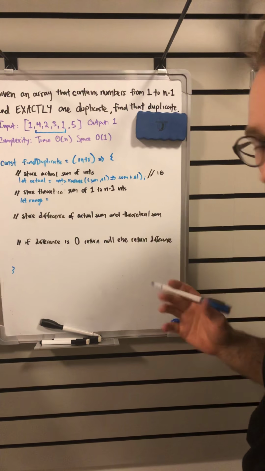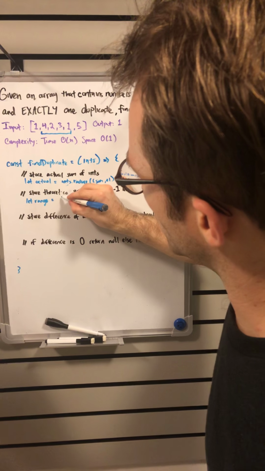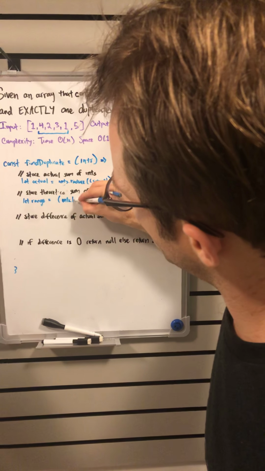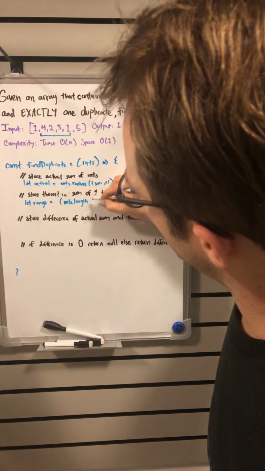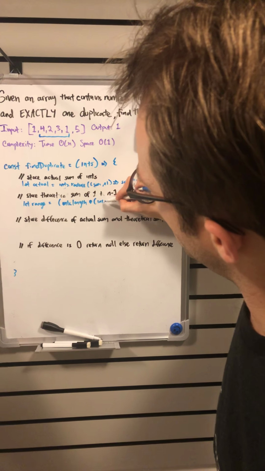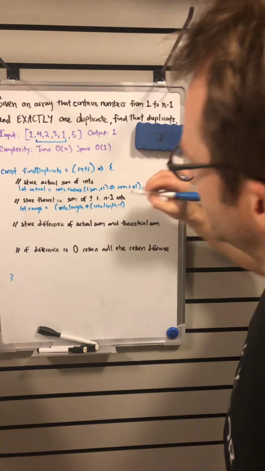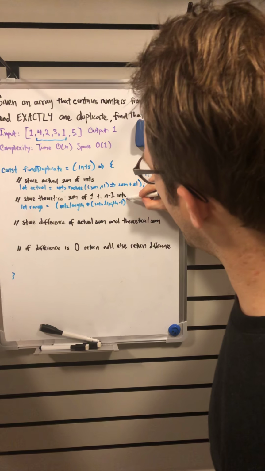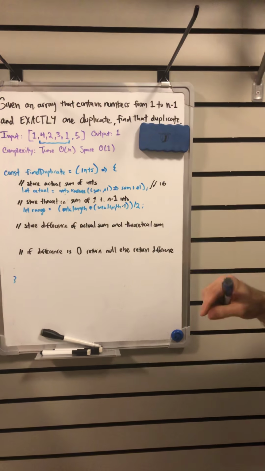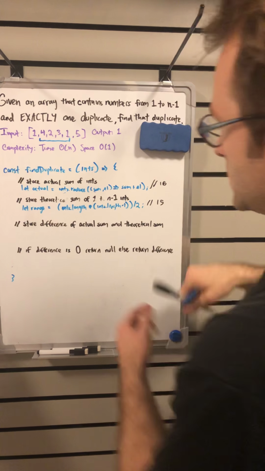There is a mathematical formula for this: you're basically going to take the ints length, so the n, times n minus 1, and then divide that by 2. And then this will give you 15.